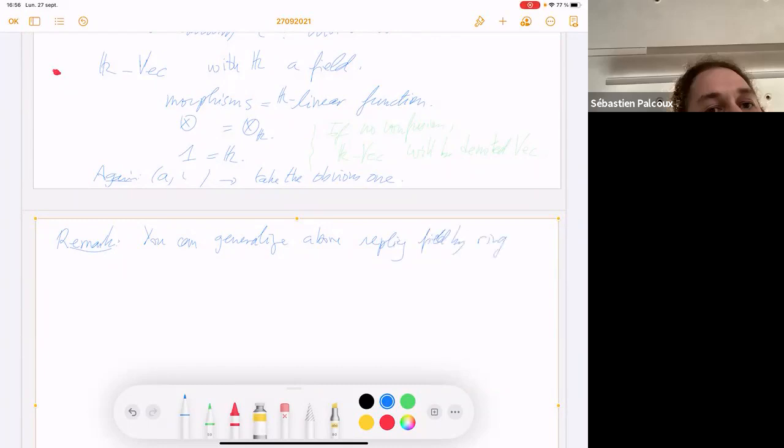What you get is the monoidal category of R modules, R mod.